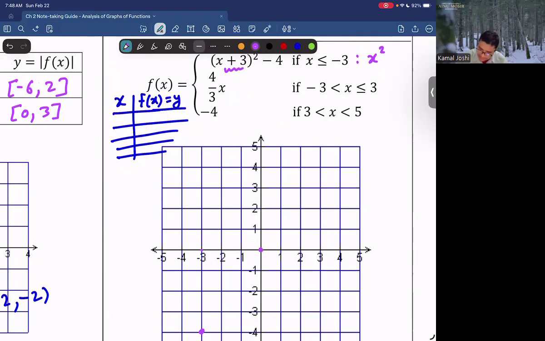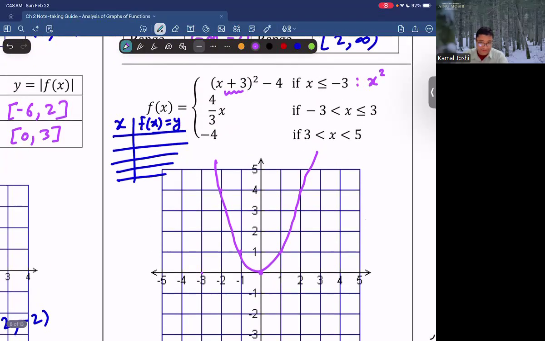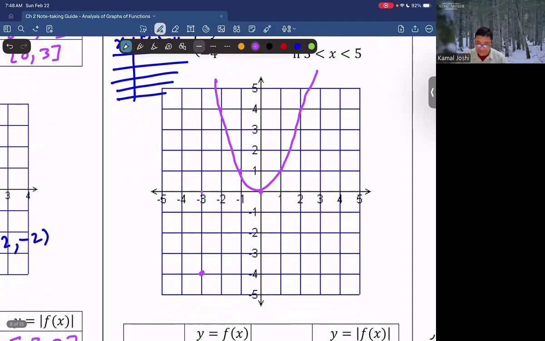Okay. Now this time I'm going to draw the original also, so you'll have a better idea of exactly what shape we are drawing. This is the parent graph. Okay, for the first part, for the first piece there, but it has been shifted left. So this tip here has become this tip. The vertex has become this vertex here.